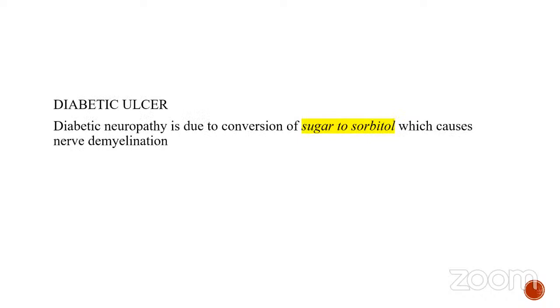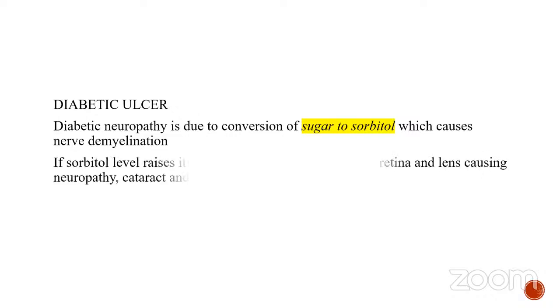Why does diabetic neuropathy happen? In diabetes, the conversion of sugar to sorbitol happens excessively, and that sorbitol gets deposited in the nerves, and that will lead to demyelination.